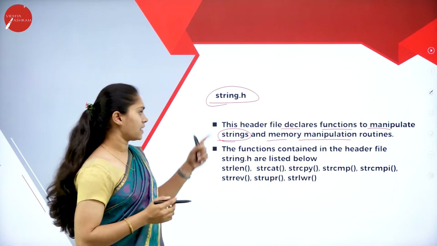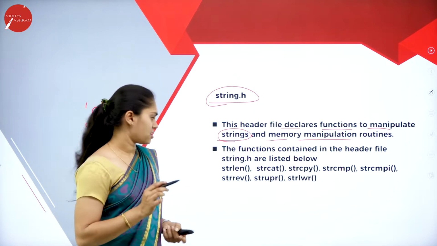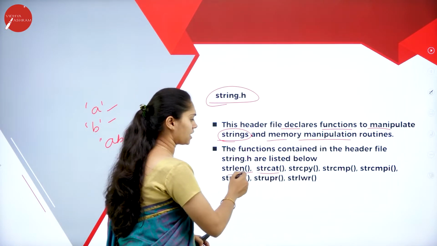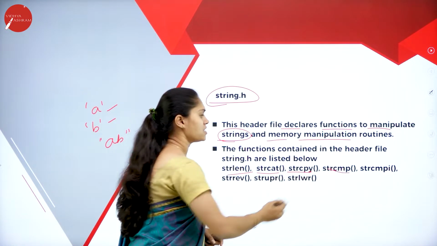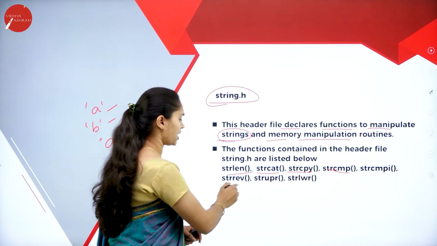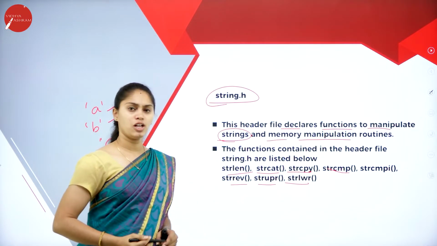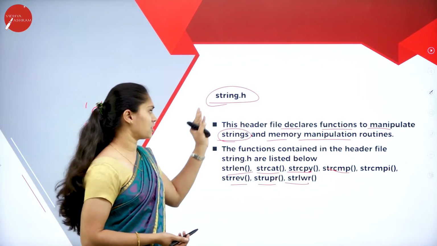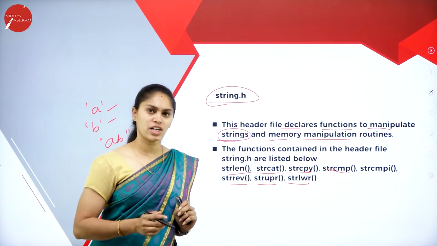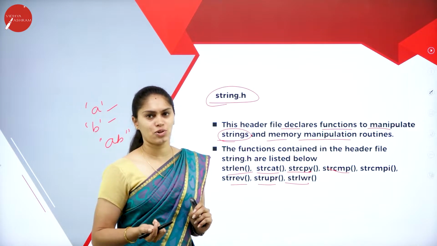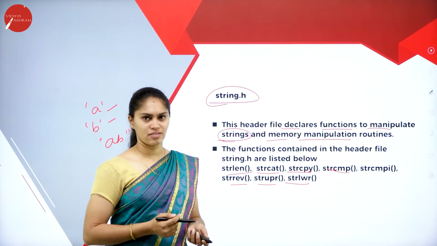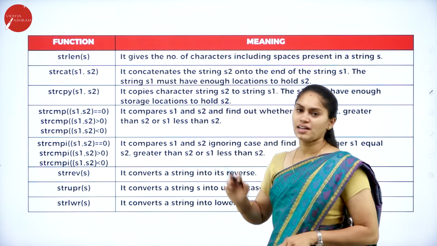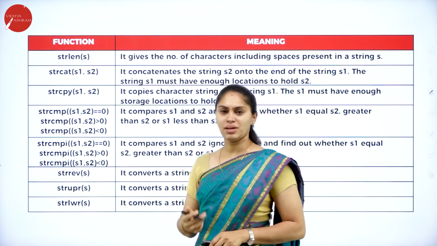This string.h header file comprises many functions that include string length, string concatenation, string copy, string comparison, and we have string reverse, string upper, string lower. Okay, so these are some of the functions related to string operations. If I wanted to perform those, it is mandatory to have this string.h header file. Here you can see the list of string operations, and I am going to discuss them in the coming session.